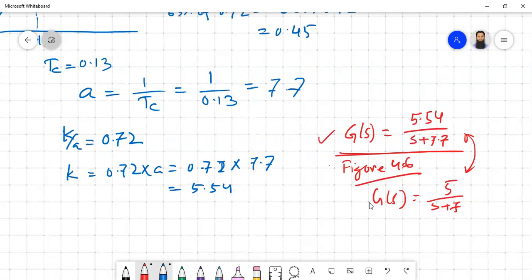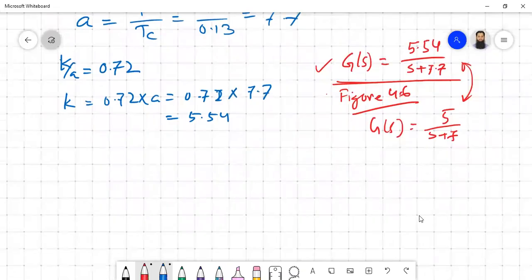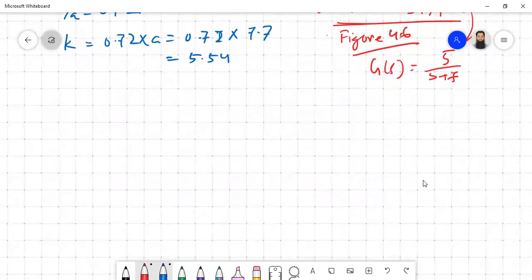So in that case, still you can have a prediction of the system behavior, and based on that prediction, you can predict closely where the system pole and zero may be, and based on that value of K and A, we can have an approximate model, which may not be 100% correct, but it will be very close, so that you can have your intuitive idea about the system. Okay, so this is one way, graphically, how we can find out the system's transfer function.